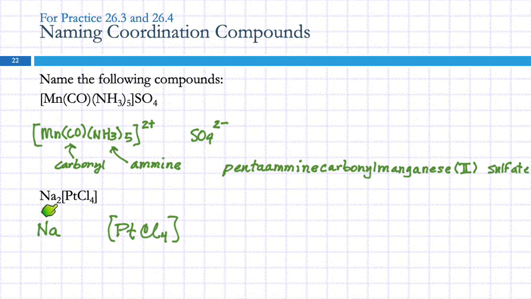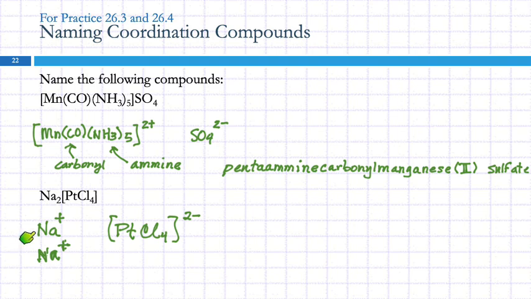This 2 means that there's two of them. Right? What's the charge on a sodium ion? +1. So we've got two sodium ions. So what's the charge on this complex ion then? Must be 2 minus.